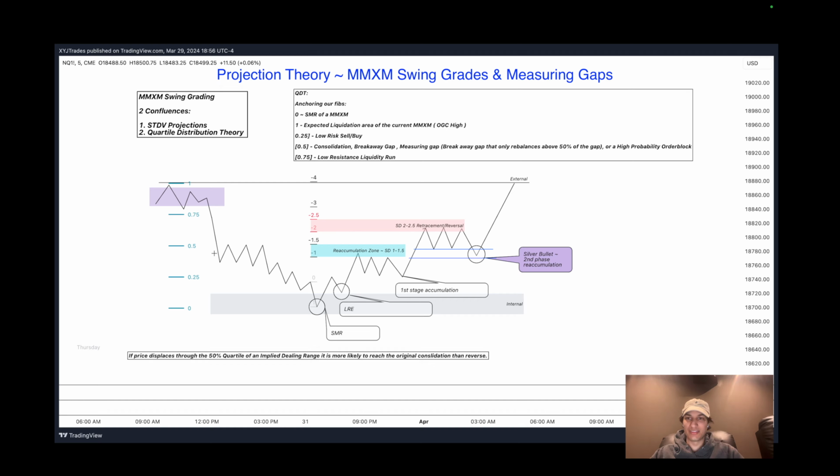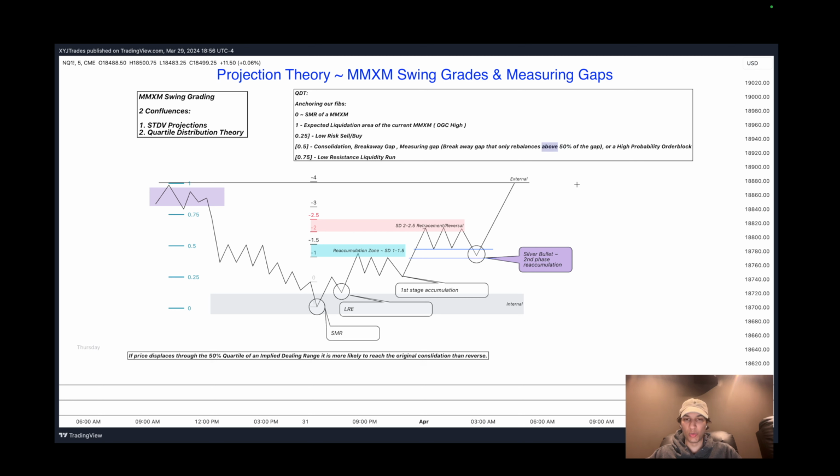For the purpose of this lecture, we will refer to a breakaway gap as an imbalance that rebalances only a shallow portion of that gap. So what we could think about a breakaway gap to be is an imbalance, like a BISI, that is only tagged above the 50% or equilibrium consequent encroachment of that gap.